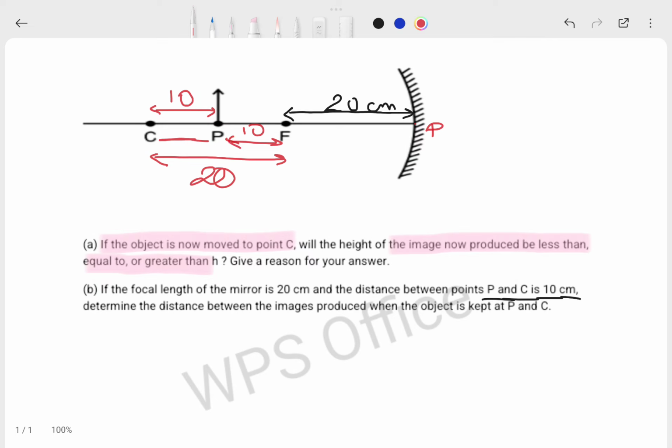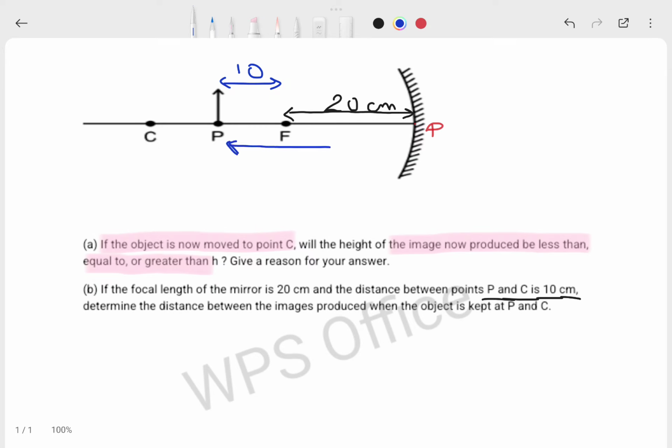Now we have got three pieces of information. The first thing is that the distance between P and F is 10 centimeter. It means the distance between the object and the mirror is 30 centimeter. Now, what do we have to find?